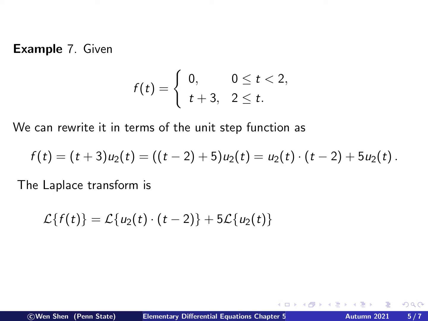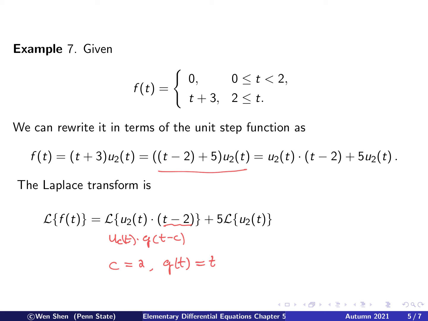Okay, so this is also an easy example where the manipulation is rather simple, just this manipulation. And then here we can recognize this is u_c of t times g of t minus c. Here c is 2 and g of t, where you change the t minus 2 into t, is just t.